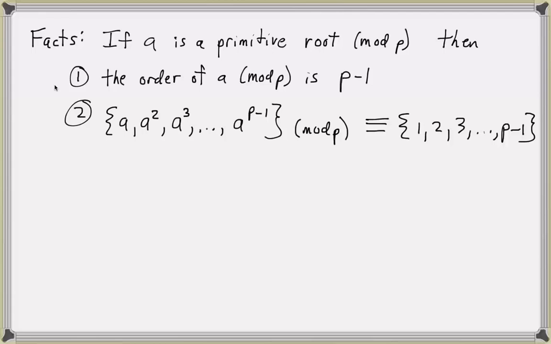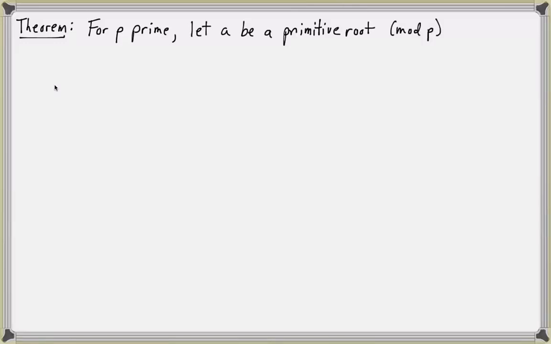But first I'm going to prove another theorem. For p prime, let a be a primitive root mod p. Okay, so we're guaranteed from the previous theorem that there is a primitive root mod p, so let a be a primitive root mod p.